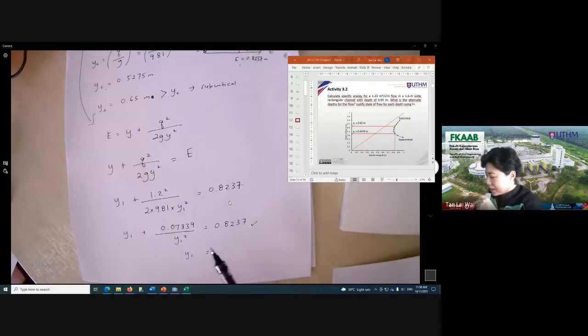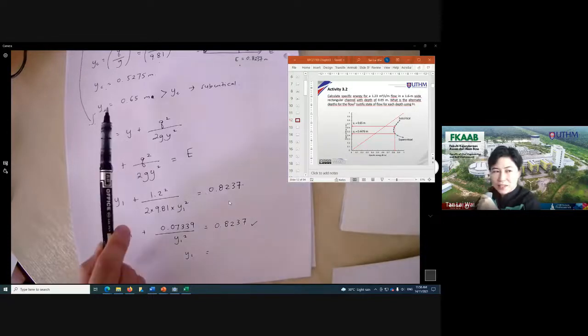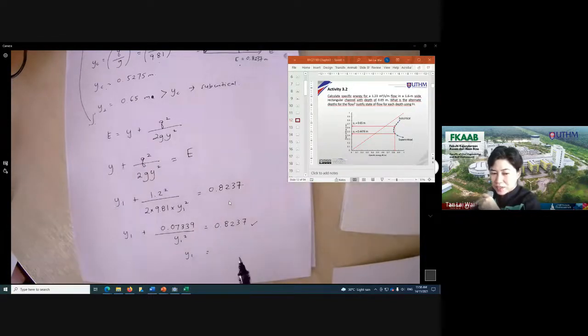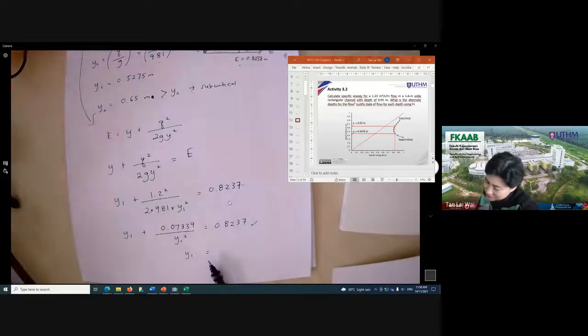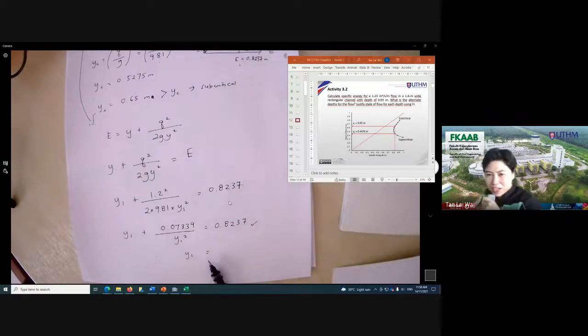Bear in mind, when you solve the first time, you probably will get 0.65. You may need to solve a second time, or probably the first time you already get this answer. Actually, the answer is on my slide already, but you have to try it out. I'm not sure whether the answer is correct or not. How come I get another answer? Help me check whether it's correct or not.